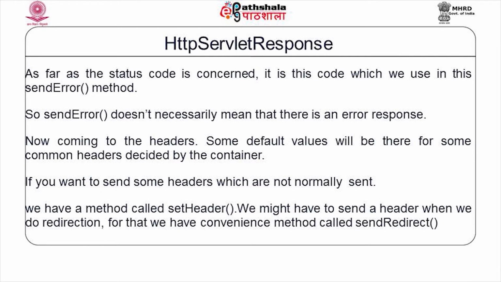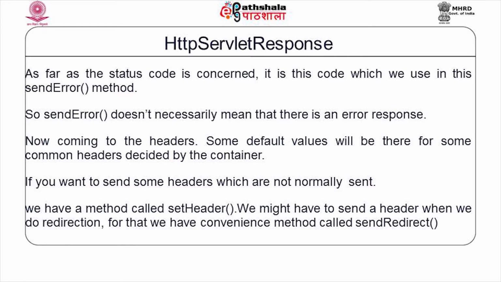There are certain common things which are also being done. For example, we might have to set a header whenever we do a redirection. We want to send a 301, and we want to set up some headers. No, we do not need to do all that. We have a convenience method called send redirect, where you specify the new location.